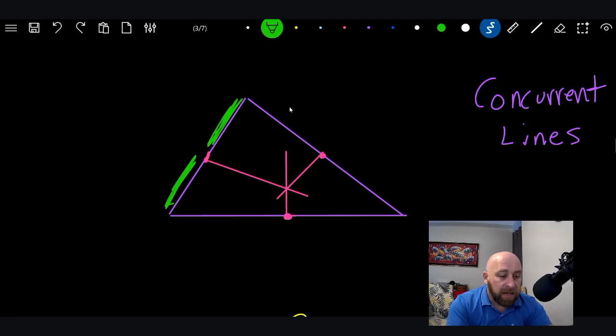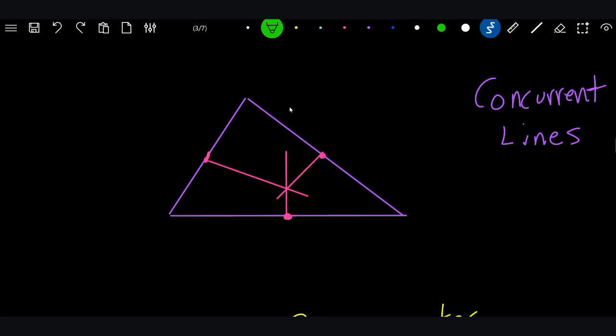The theorem says if we draw a perpendicular line at that point, and then we go to the next side and do another perpendicular bisector at the midpoint, and then we go to this side of the triangle and make a perpendicular bisector at that point, all of these lines are going to meet.